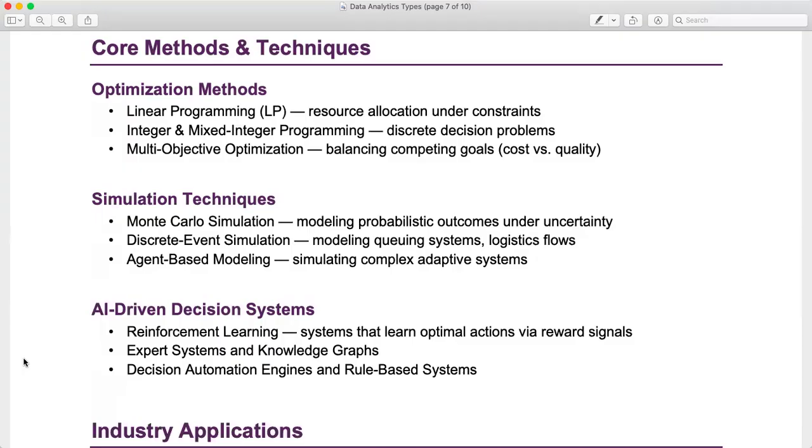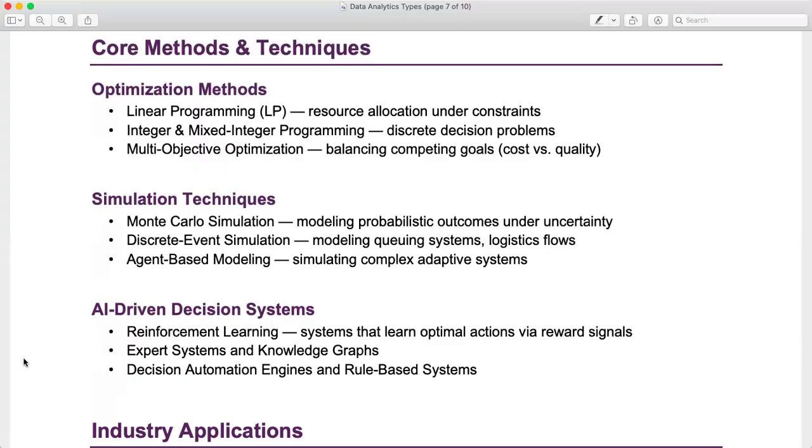Simulation techniques which are very popular in these kinds of optimizations are Monte Carlo simulations, that means modeling probabilistic outcomes under uncertainty, discrete event simulations, and agent-based modeling. Discrete event simulation is about modeling queuing systems and logistics flows.